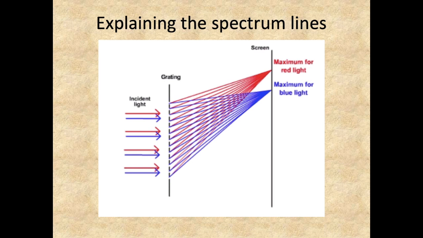If you use white light, you would see a maximum for red and a maximum for blue separately, which is why we see those colorful patterns when we see white light through a diffraction grating, and always blue closer to the center than the red, because we know from what we learned before that a smaller wavelength would have a closer maxima to the center.